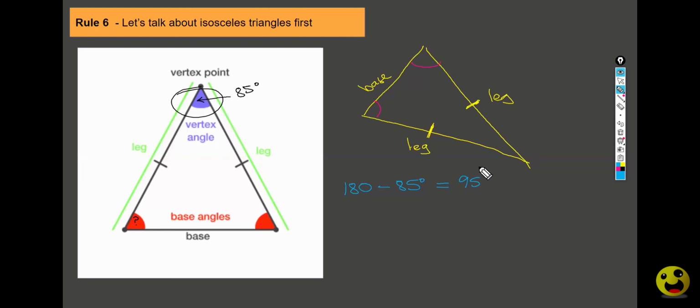So that remaining 95 is going to split evenly between the two base angles, because the base angles are equal. So you just divide it by 2 to get the size of each one, which will give us 47.5. So this angle here is 47.5.